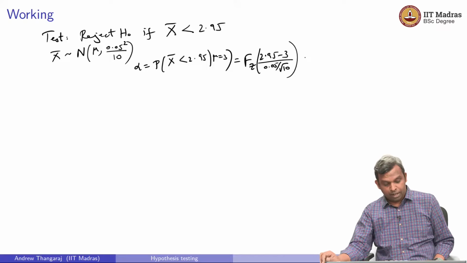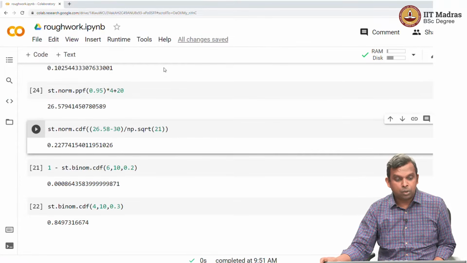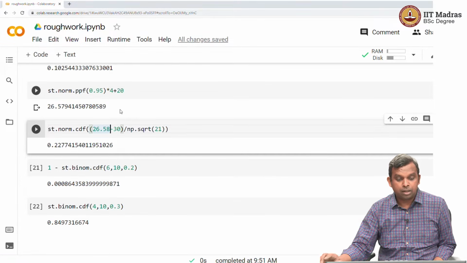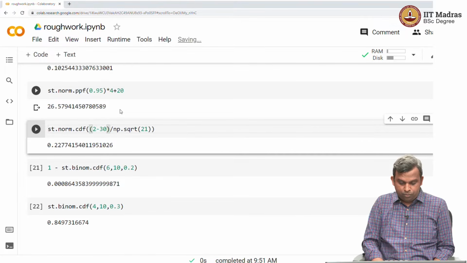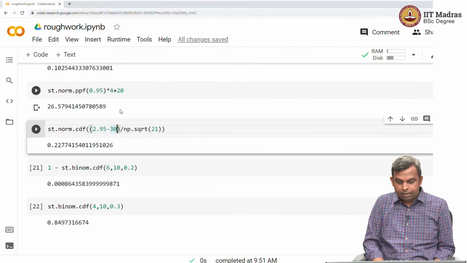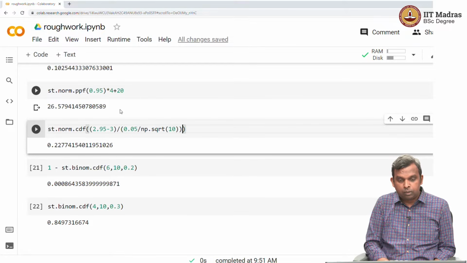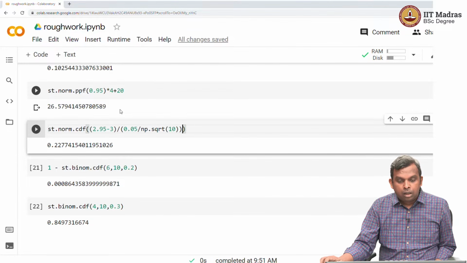So let's do this calculation: 2.95 minus 3, divided by 0.05 divided by the square root of 10. There you go.